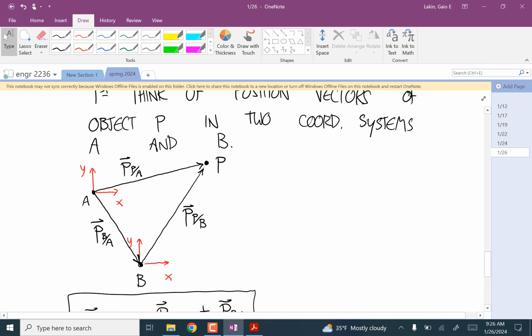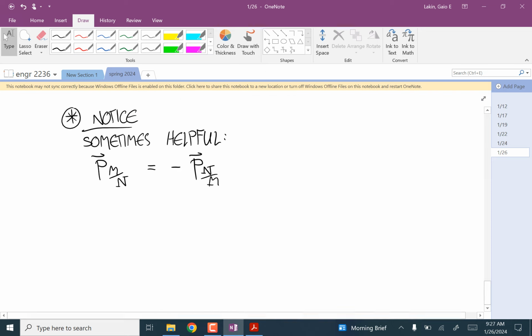So, right, if you wanted to know what position of A relative to B was, well, it's just going to be the vector that way. So it's going to be the exact opposite vector, and you switch the subscripts. Okay. This is going to be true with positions. It's also going to be true with velocities and accelerations, which is the next thing I'm going to bring up.